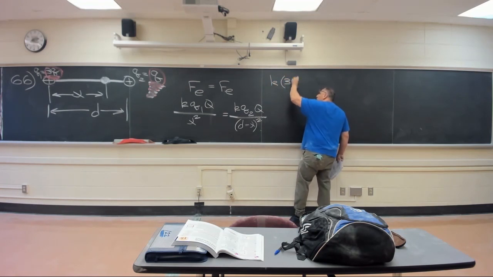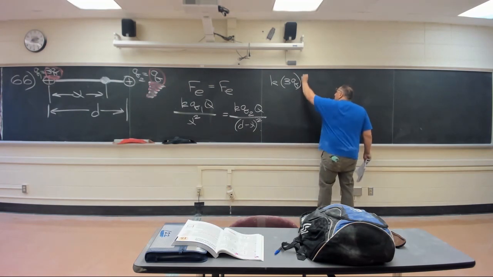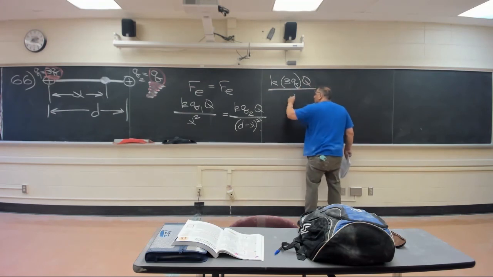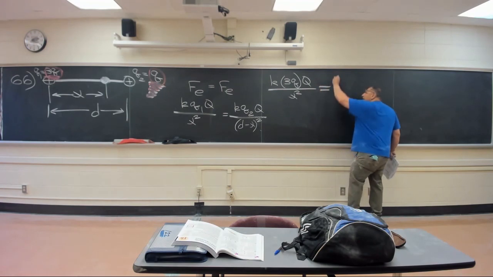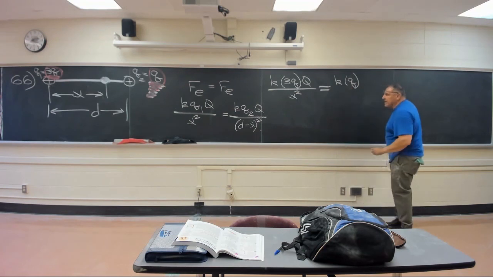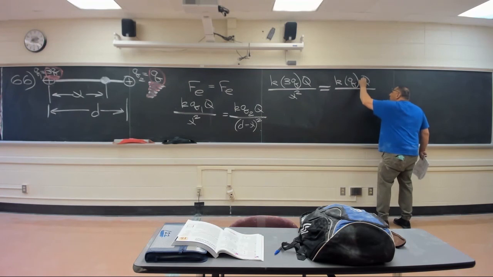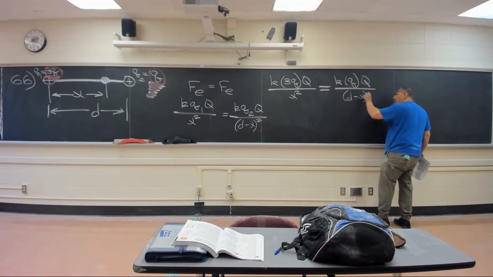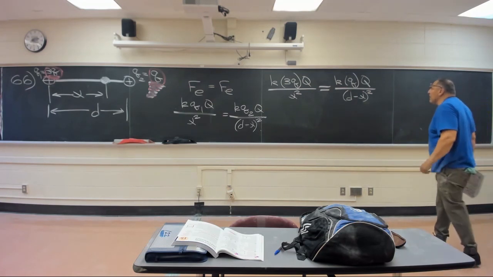Q1 is 3Q. That's the strong one. And that's capital Q. And that's x squared. KQ, Q, we got this.